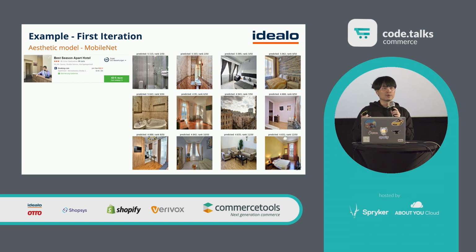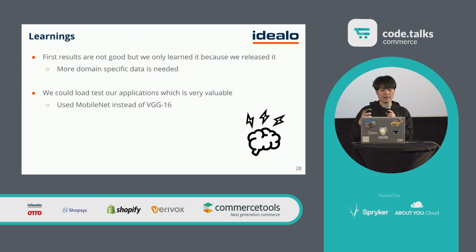So again, we had to rethink our problem. We identified that the first results were not good because we needed more domain-specific data. Also, because we deployed it, we recognized that using VGG16 is not really feasible for us.